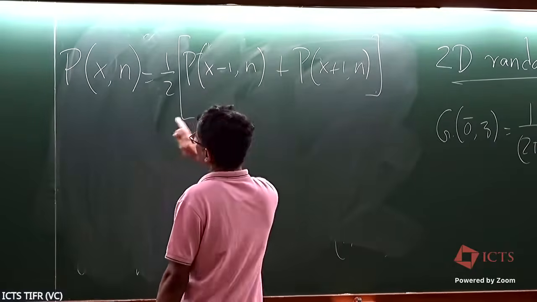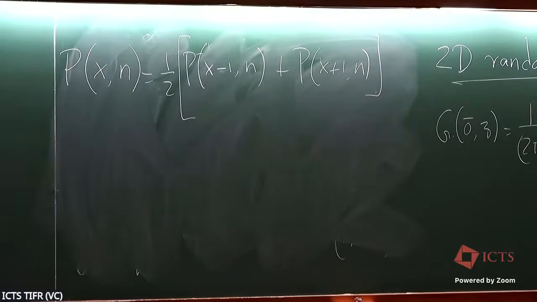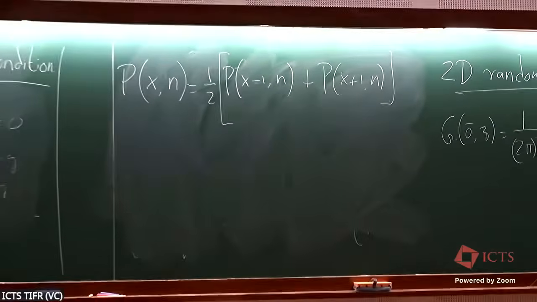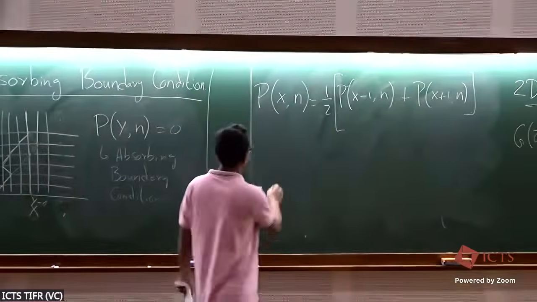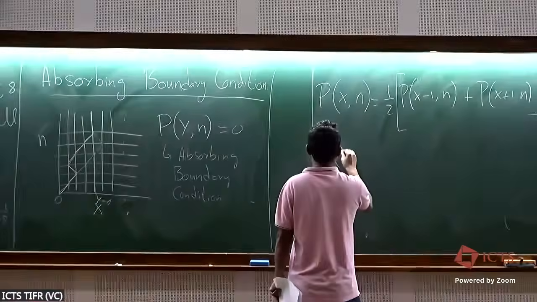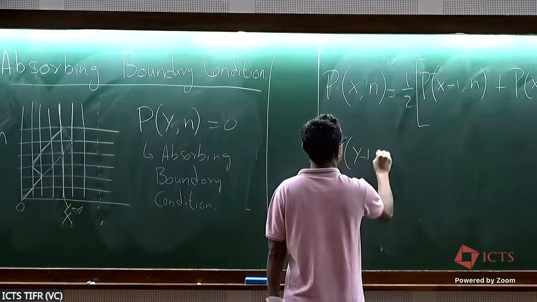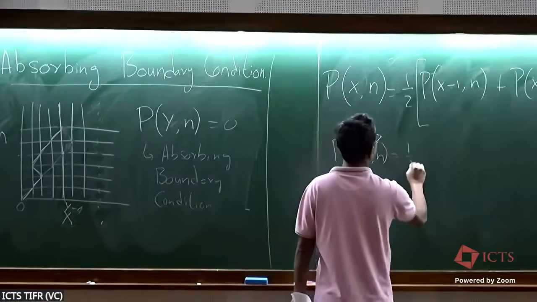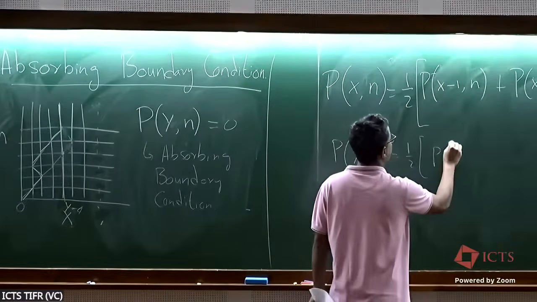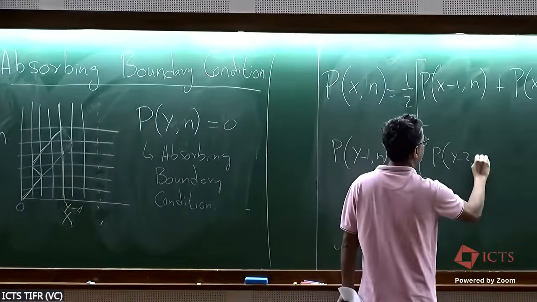Now, if we are just at, let's say, the site y minus 1, the equation will be half p y minus 2 at n.